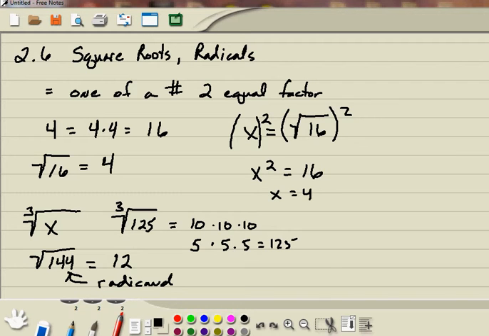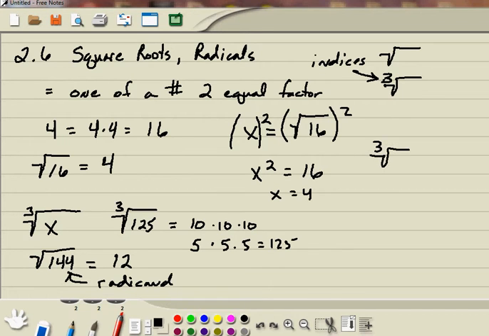Okay, so we talked about the square root, and we also have what we call the cube root. And by the way, that number there, that 3, is called an index. I-N-D-I-C-E-S is the indices.